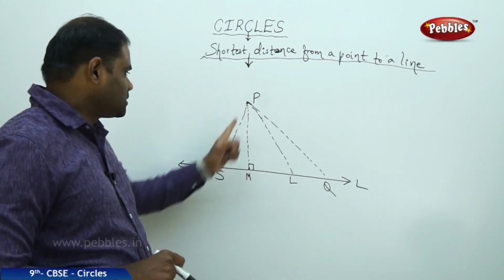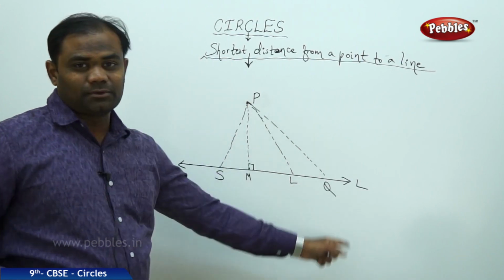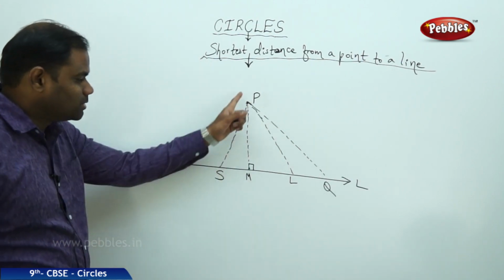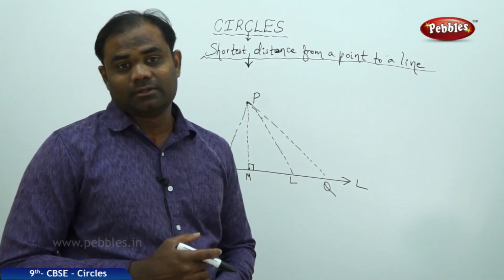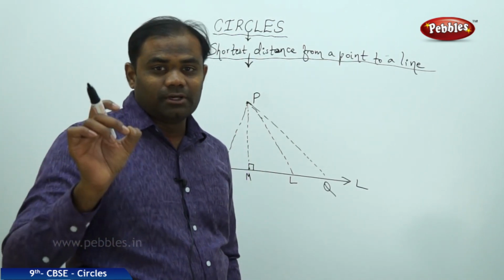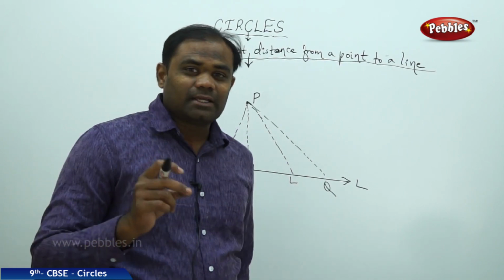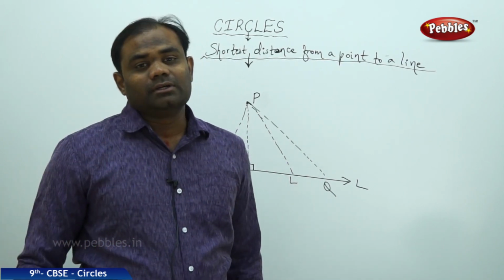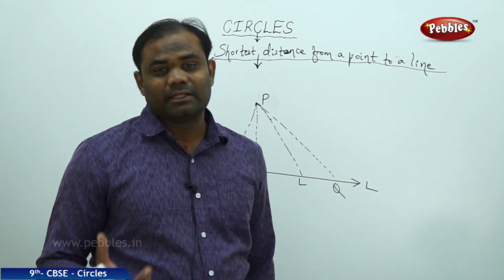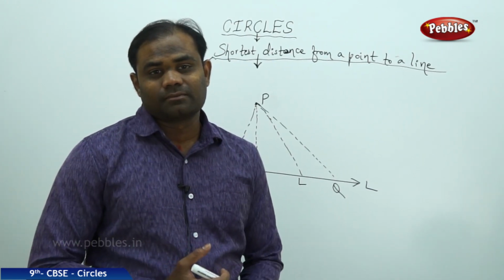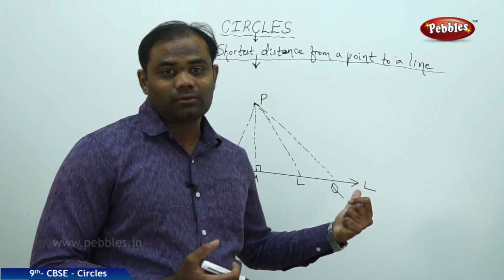So out of PS, PM, PL and PQ, I find PM to be the shortest because it is the perpendicular length. So my learning outcome here is that if the line is the perpendicular length, then that distance will be the shortest.